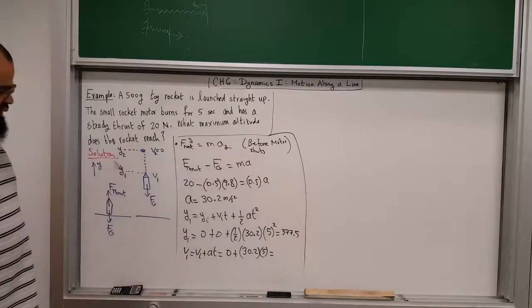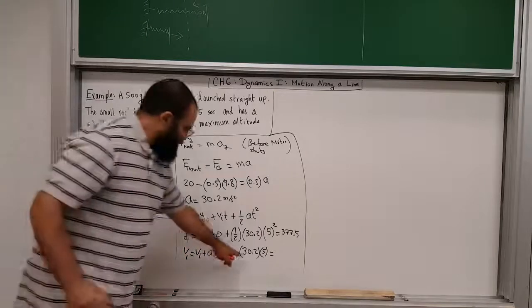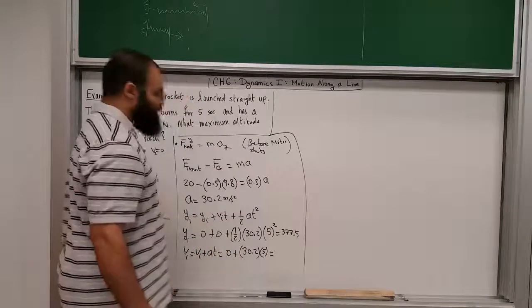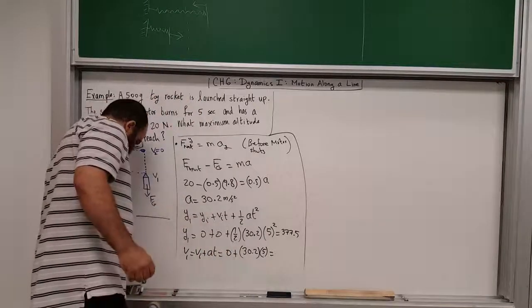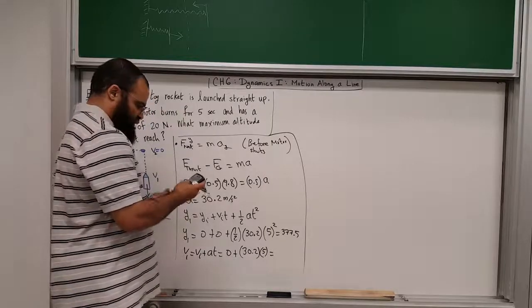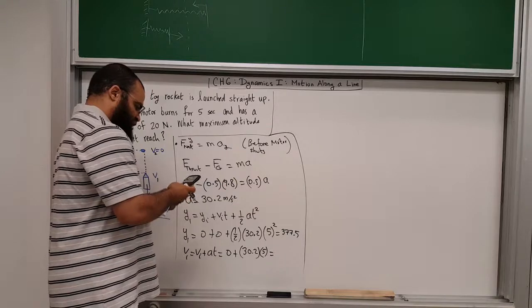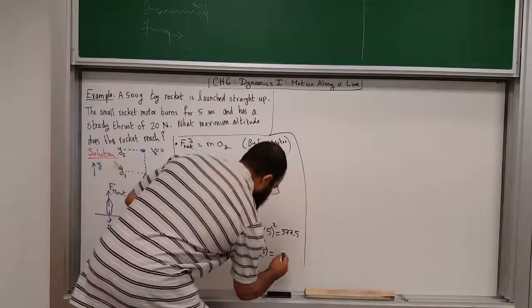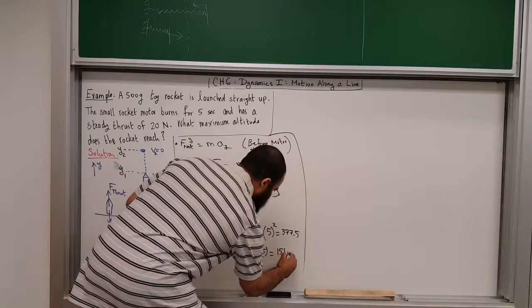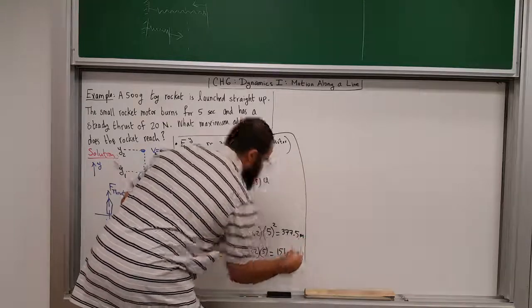So 30.2 times 5, that's 151 meters per second.